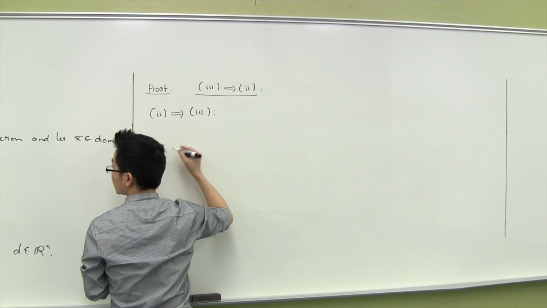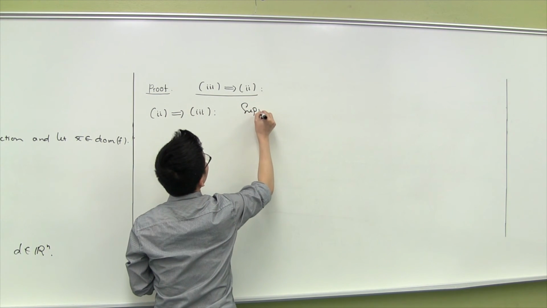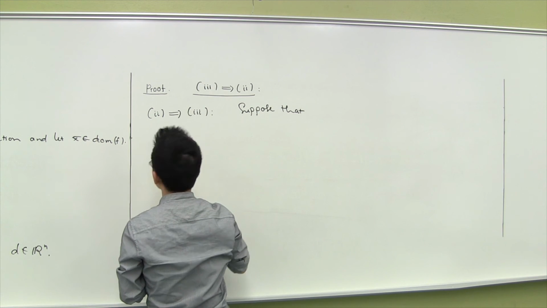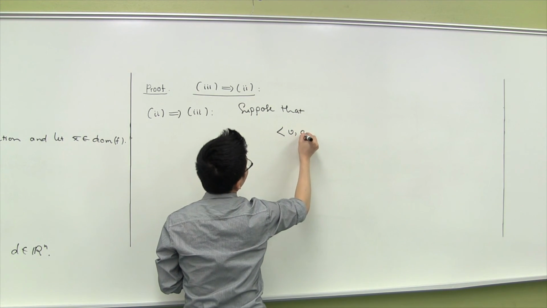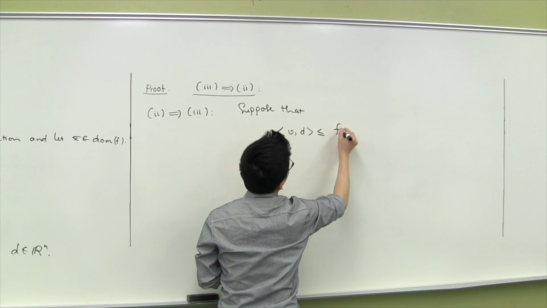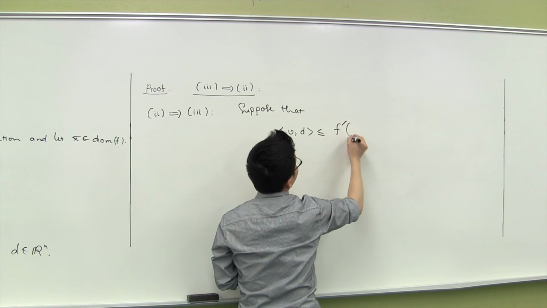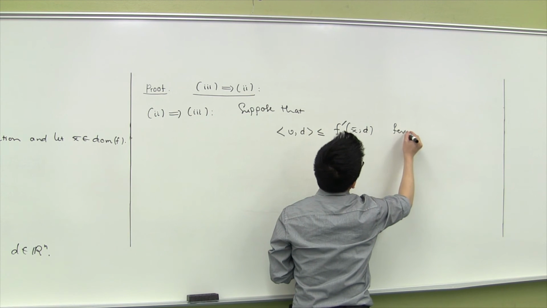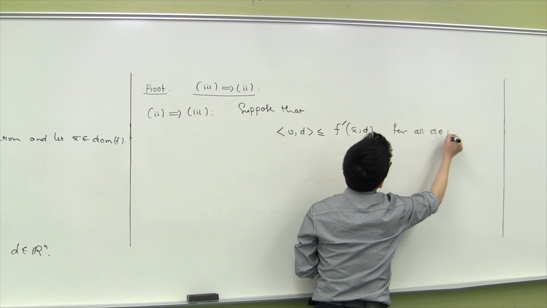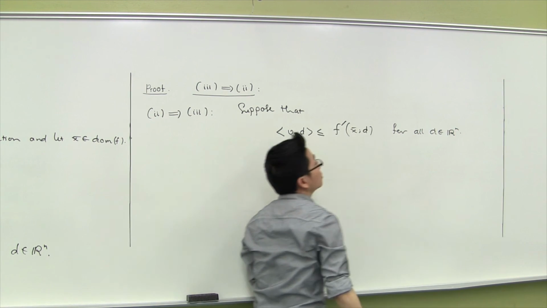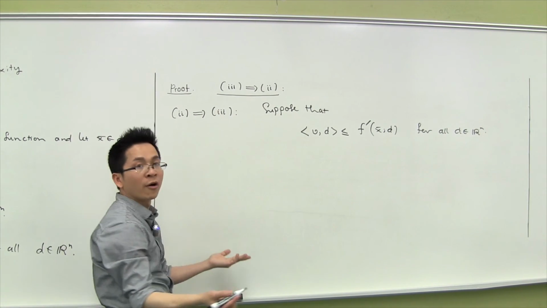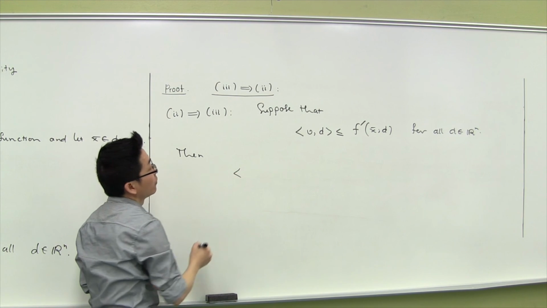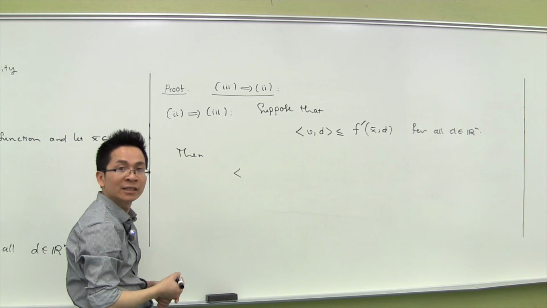So here we suppose that the inner product of v and d is less than or equal to the right directional derivative of f at x bar in the direction d, and this is true for all d in Rn. So because this is true for all d in Rn, then it is true for minus d for whatever d in Rn.